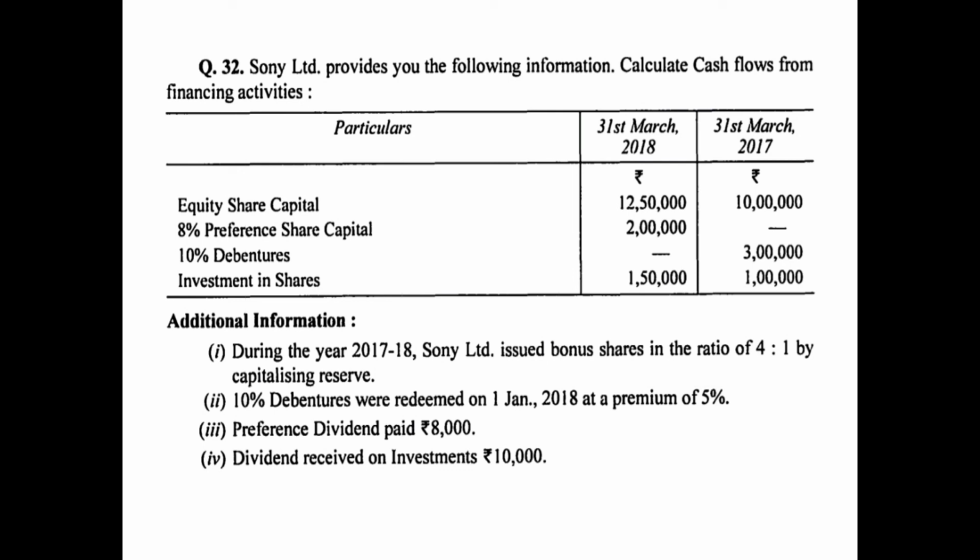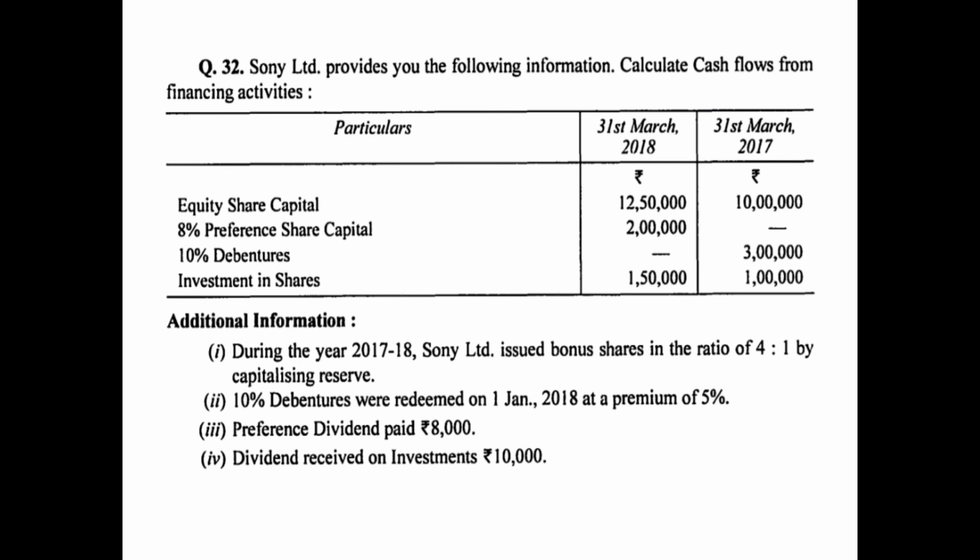And since the date is specifically mentioned here, that it is being repaid on 1st January 2018, and our accounting here has started from 1st April 2017, and the rate of interest is also given, this is a case of implied interest, since no other information is given. So we will calculate the 10% interest on debentures from 1st April 2017 till the date of redemption, that is 1st January 2018.